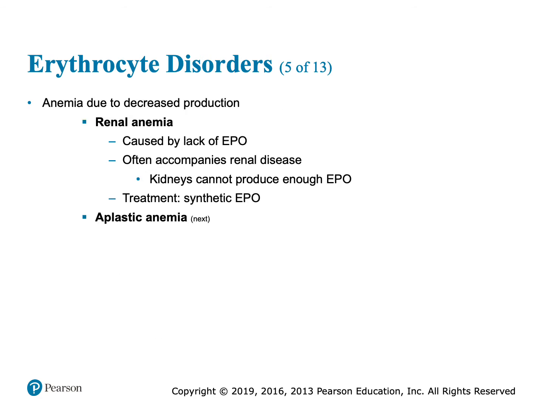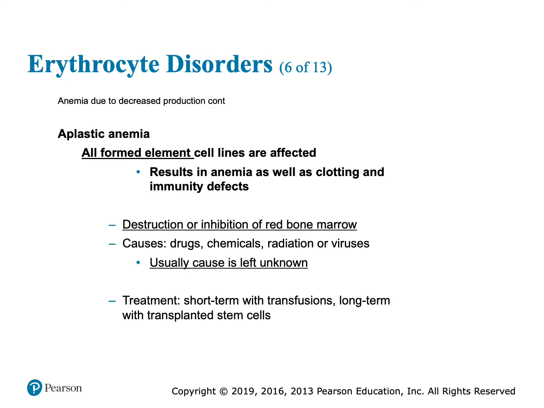Renal anemia, I've actually already touched on this. So if your kidneys aren't working right, you're not making EPO. If you're not making EPO, then you're not getting your red blood cells made at the bone marrow, so you get injections of it. Aplastic anemia. This is not just red cells.